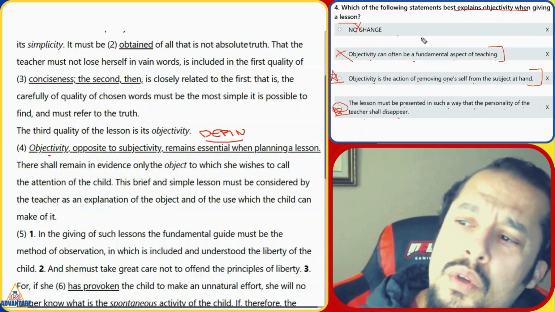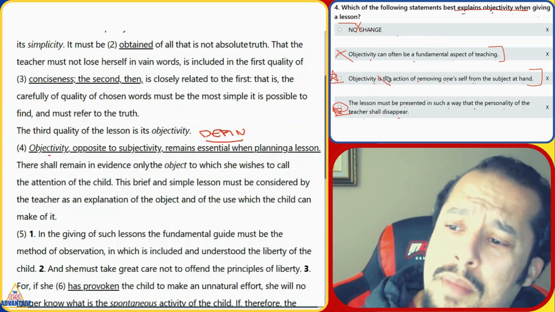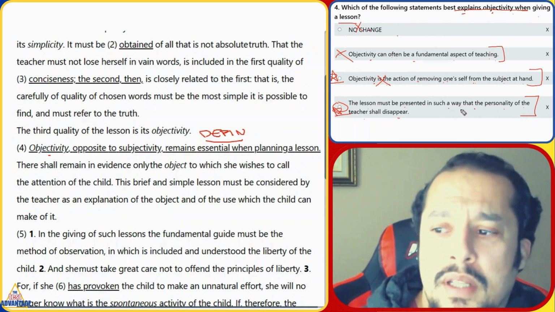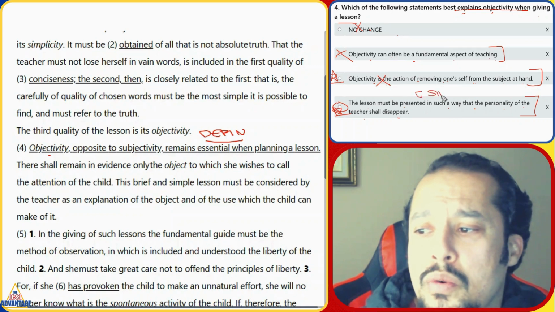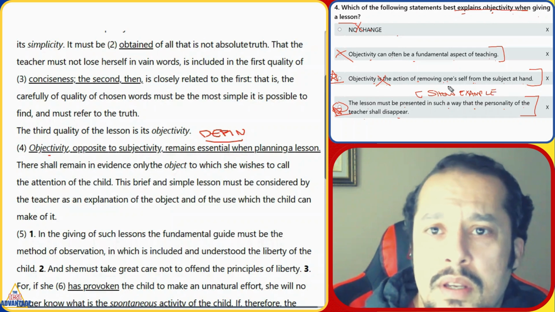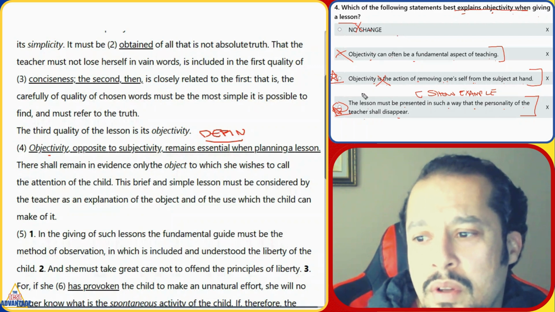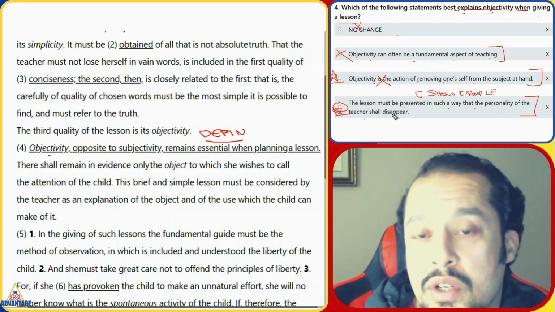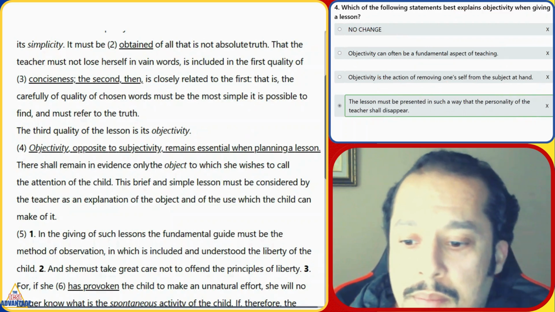But we want to explain objectivity when giving a lesson, وده ما بيعملش كده. هنا بيفهمك يعني ايه objectivity when giving a lesson. So it's basically, they want us to show an example of objectivity. So again, C بس بيدينا definition. D explains that definition. It shows us that definition. بيقول لك ازاي نستخدم objectivity in a lesson. So I'm going to go and answer D.